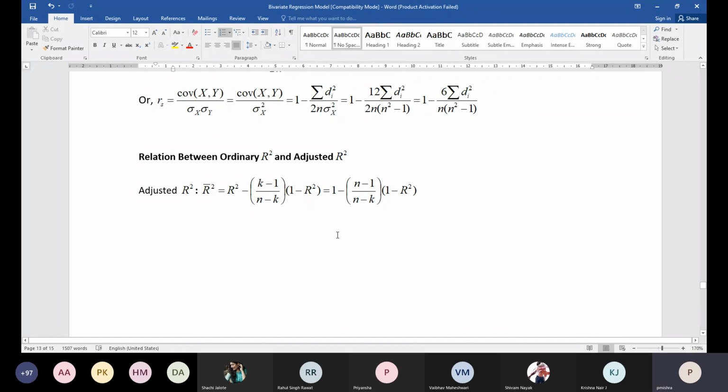But at the same time, there will be a change in this, because with inclusion of more independent variables, R square value is also likely to increase, so this part is going down. But what is very clear is that this part is positive. So adjusted R square value would be less than ordinary R square value.